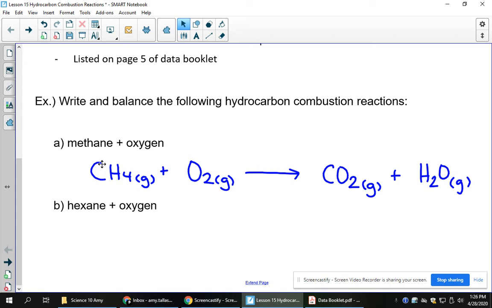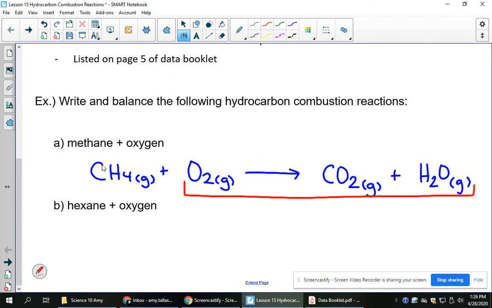So this whole part from oxygen to water vapor is the same in every single hydrocarbon combustion reaction. Essentially, if you write that down every single time and put a new hydrocarbon in front, that's what we're doing today. Now we have to think about balancing this. I'll show you the trick with balancing it. The trick is that on the reactant side, we have 2 oxygens.